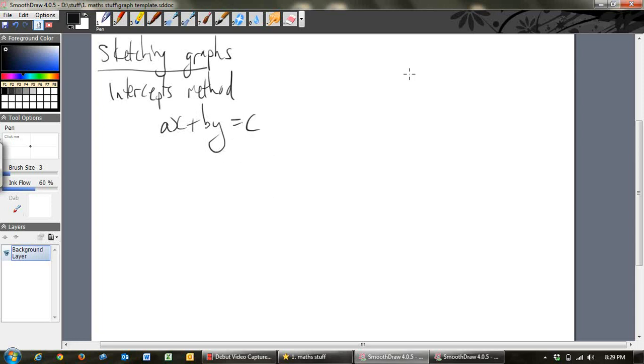What we need to understand before I get going is what we mean by x-intercept and y-intercept. Remember, your vertical is your y-axis, your horizontal is your x-axis.